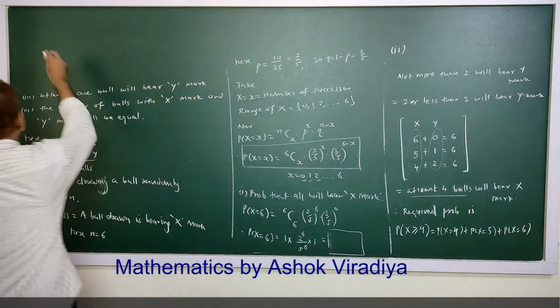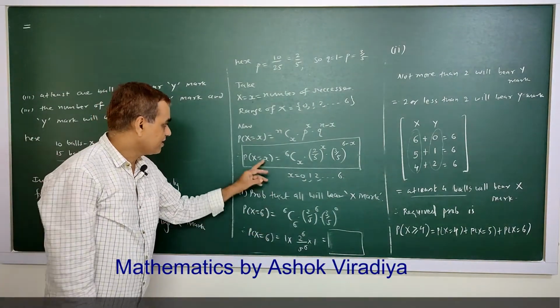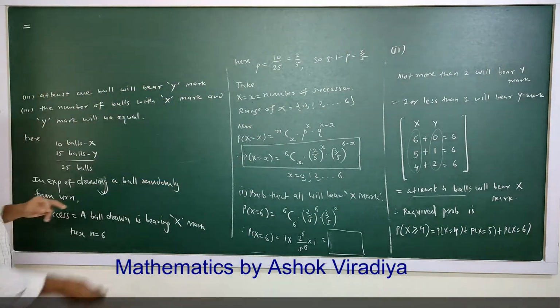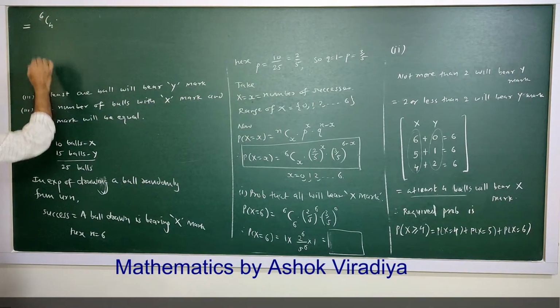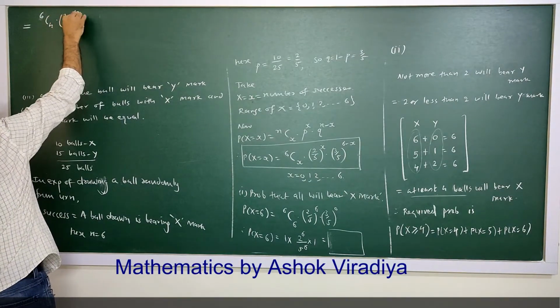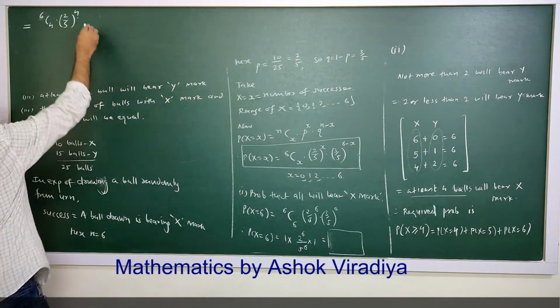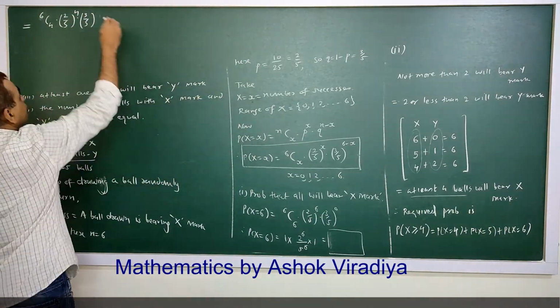So now we calculate this sum using this formula. Putting X equal to 4 here: 6C4 into (2/5) raised to 4 into (3/5) raised to 6 minus 4, which is 2.